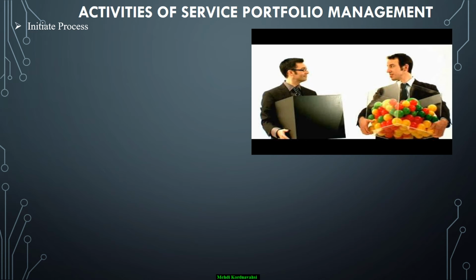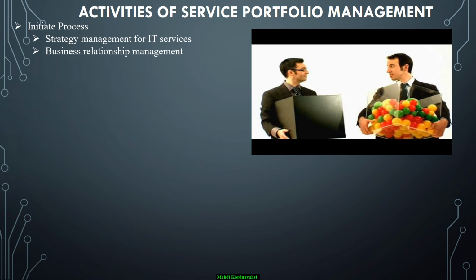Service portfolio management can be initiated in many ways, such as strategy management for IT services. This is the process that defines the strategy of your IT services. The strategy will provide guidance on which services you introduce, modify, or retire. Deciding to act on your strategy will trigger the service portfolio management process.